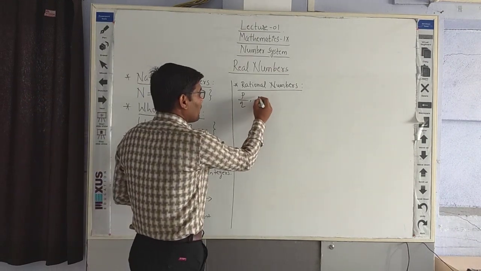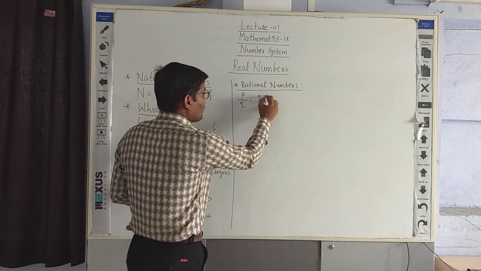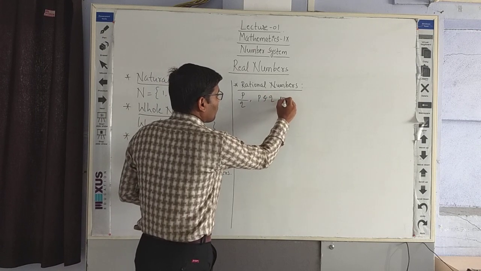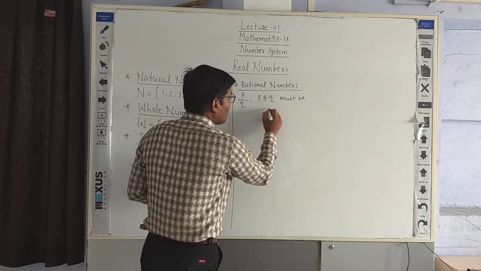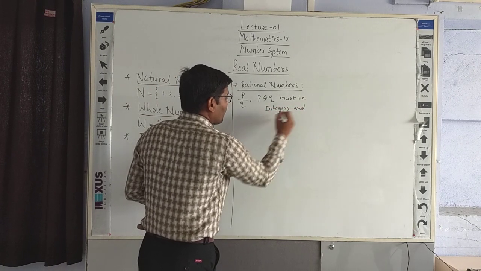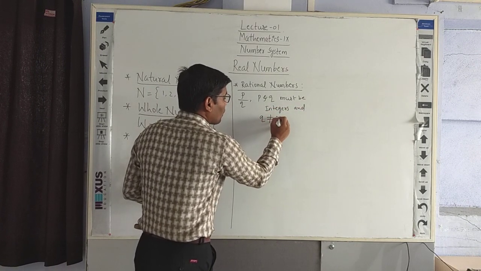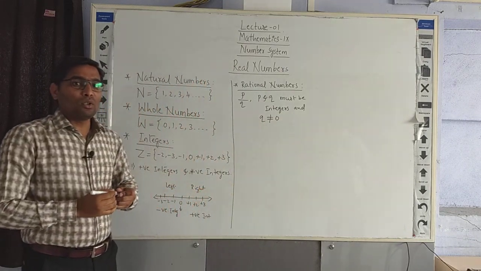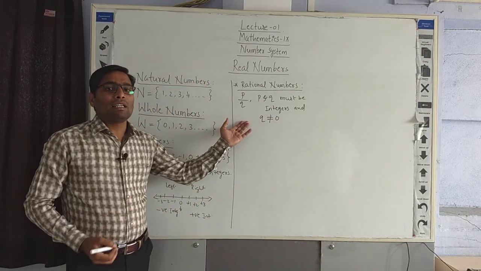There are two conditions for a rational number. The first one is both p and q must be integers and the denominator q should not be equal to 0. Then those types of numbers are called rational numbers.